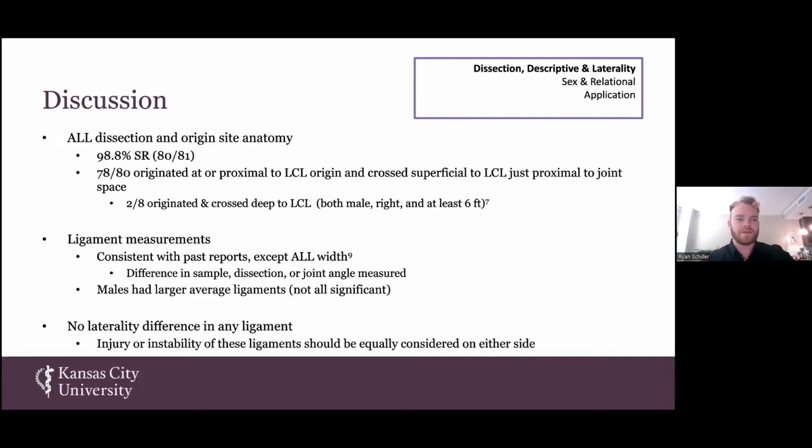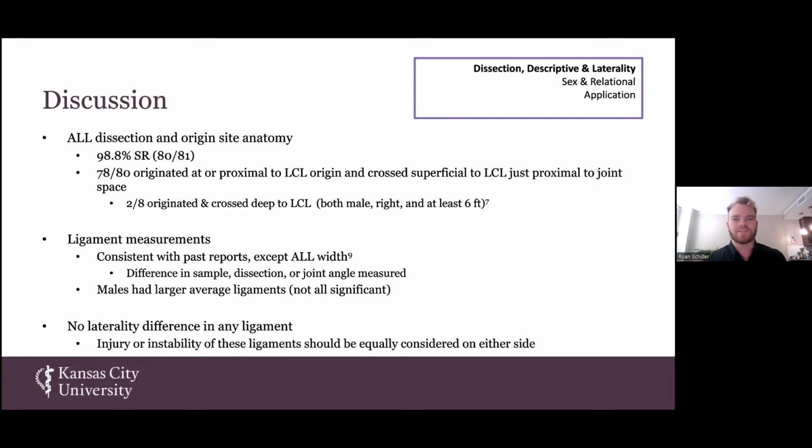And then the ligament measurements that we took, they were all consistent with previously reported data, except for that of the width of the anterolateral ligament. Ours came out to be 3.3 millimeters on average, whereas previous studies, it had only been as low as 4 millimeters.